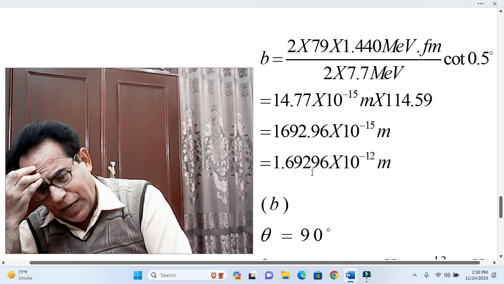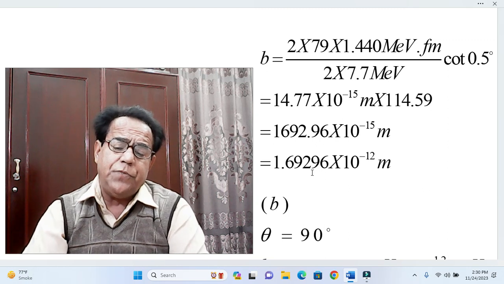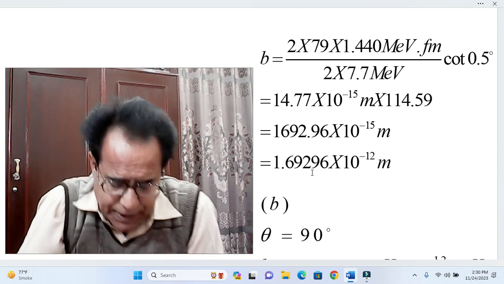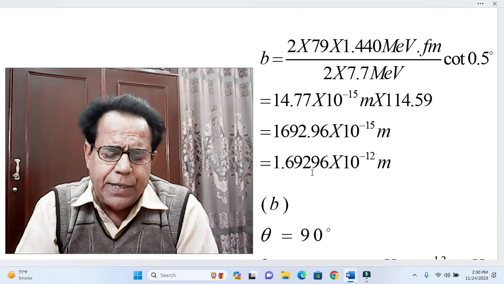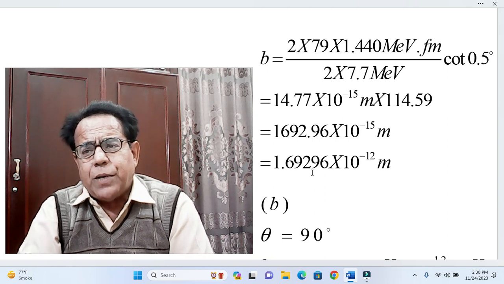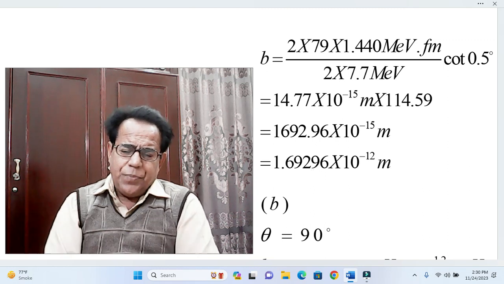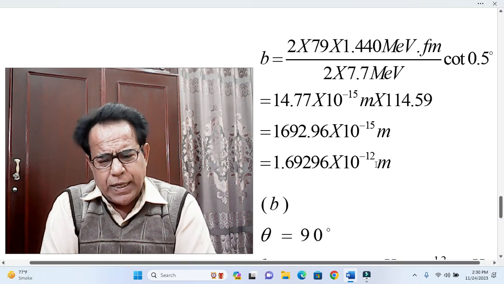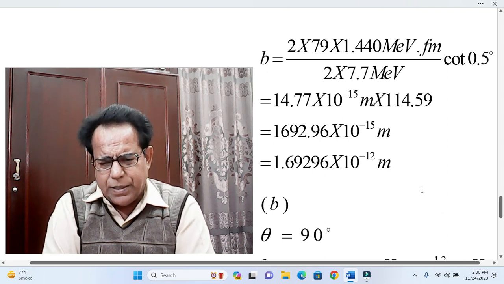Here we can give another name to 10 raised to the power minus 12. Because, dear students, we know that 10 raised to the power minus 3 is called milli, 10 raised to the power minus 6 is called micro, 10 raised to the power minus 9 is called nano, 10 raised to the power minus 15 is called femto. Similarly, 10 raised to the power minus 12 also has a prefix notation, but for the time being I do not remember.